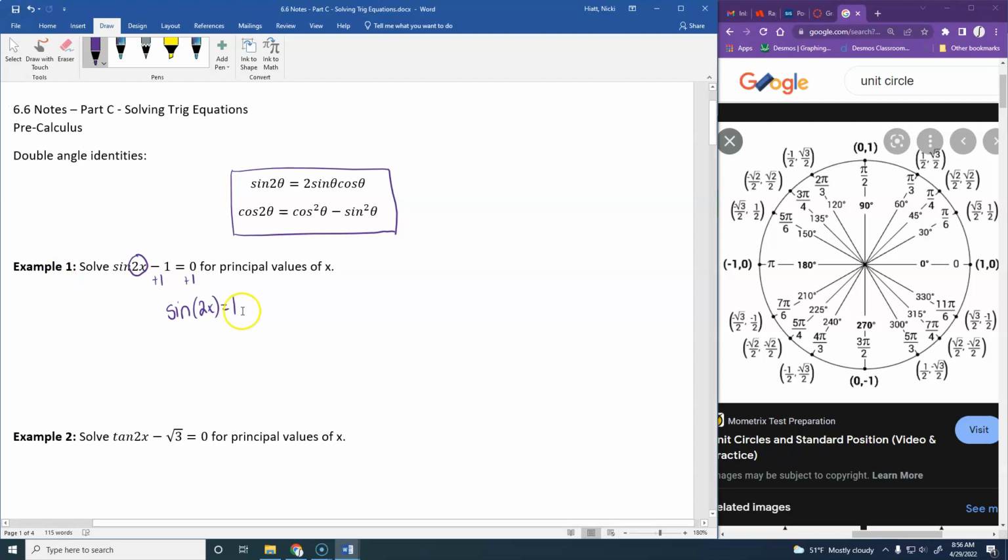What I want to do now, because sine is by itself, is figure out where does sine equal 1. It's like you're doing sine inverse, because sine inverse means where does sine equal 1. So if I'm thinking about where sine equals 1, that happens at pi over 2.